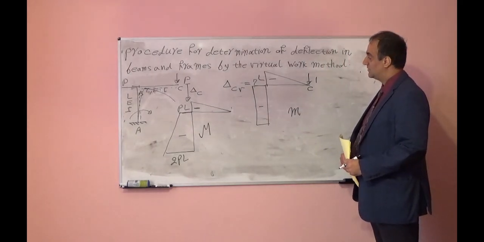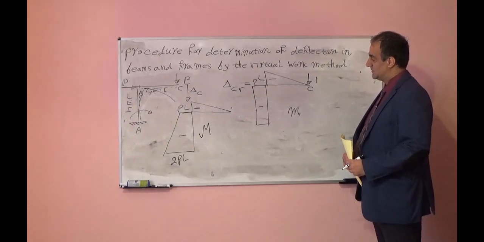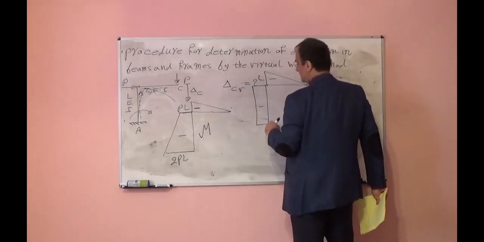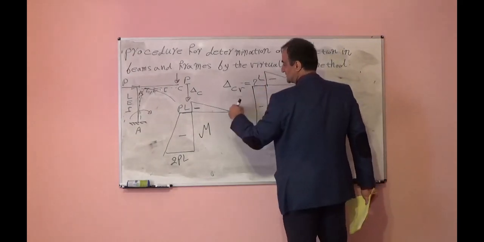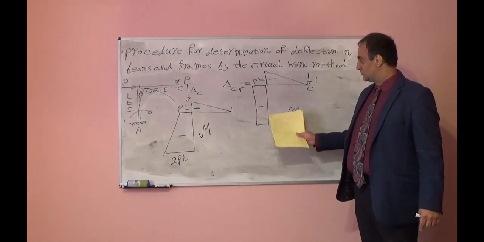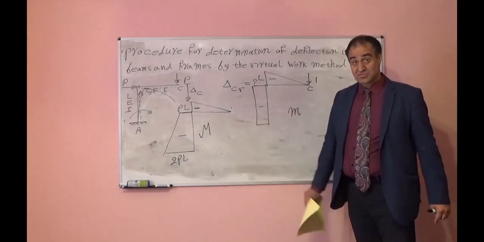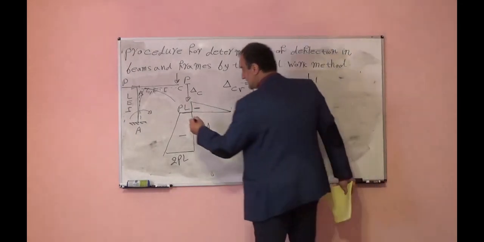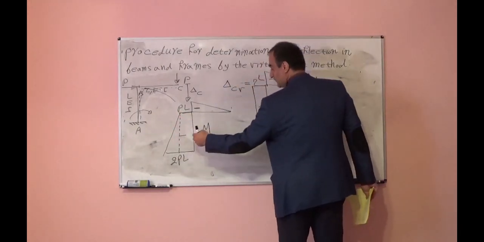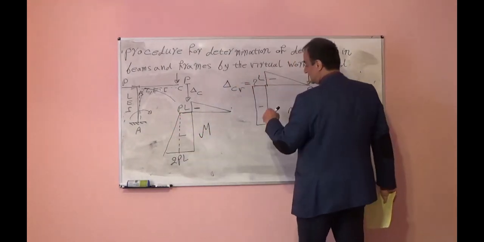Now, how can I multiply these together? Triangle to triangle, and the coefficient for triangle to triangle is always 1 over 3. You can multiply rectangular to trapezoid, or you can convert this to 1 rectangular and 1 triangle.